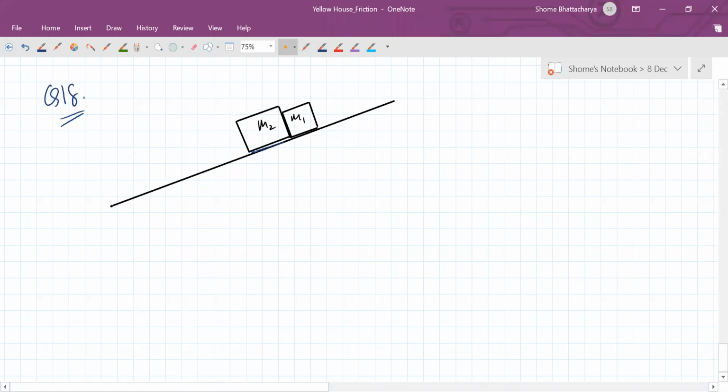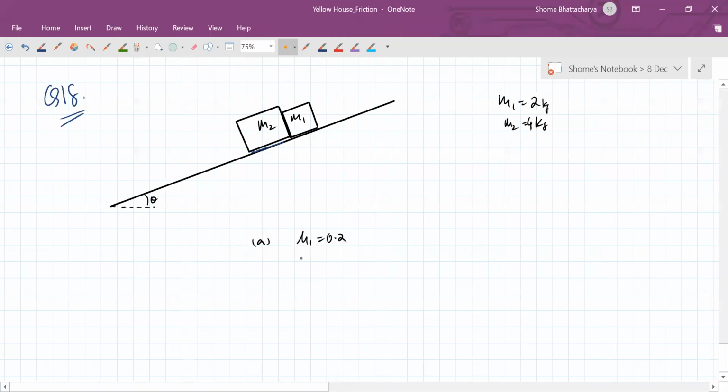And whatever, M1 is given to us as 2 kilograms, M2 is 4 kilograms.